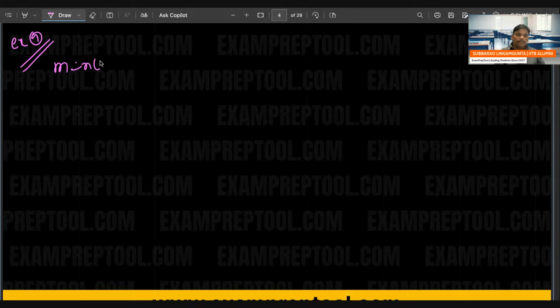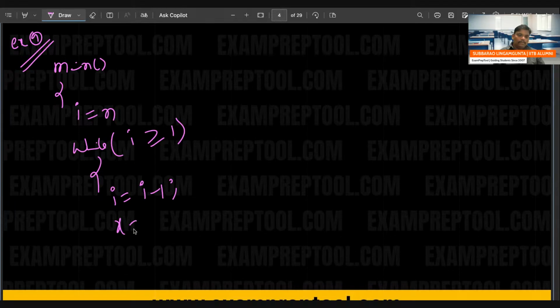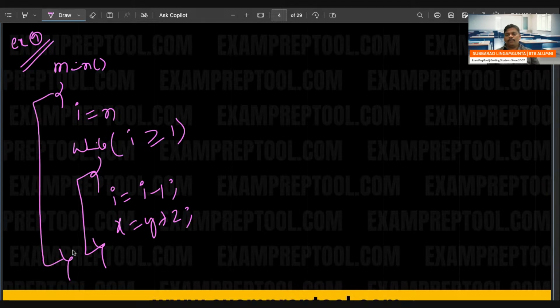Main: i is equal to n, while i is greater than or equal to 1, i is equal to i minus 1, x is equal to y plus z, end of the while, and end of the program. Try this also, example 9.